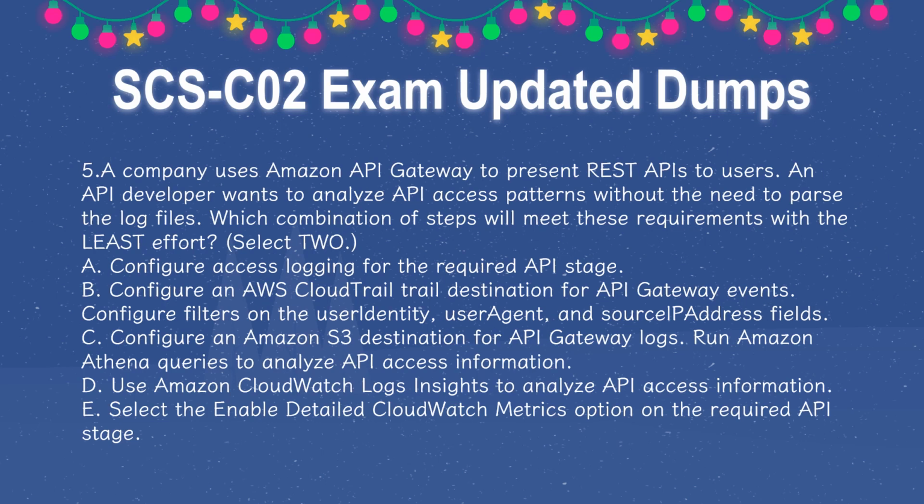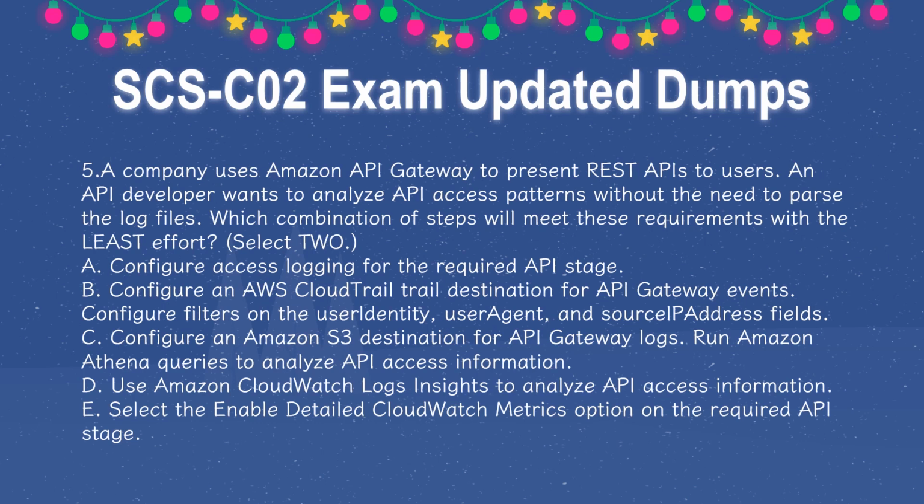5. A company uses Amazon API Gateway to present REST APIs to users. An API developer wants to analyze API access patterns without the need to parse the log files. Which combination of steps will meet these requirements with the least effort? Select 2. A. Configure access logging for the required API stage. B. Configure an AWS CloudTrail trail destination for API Gateway events.